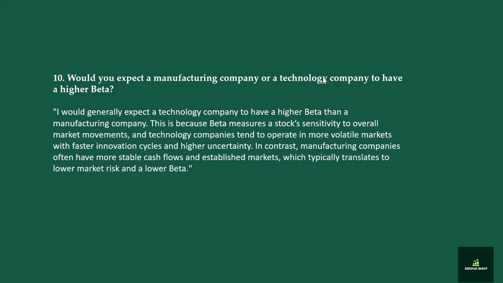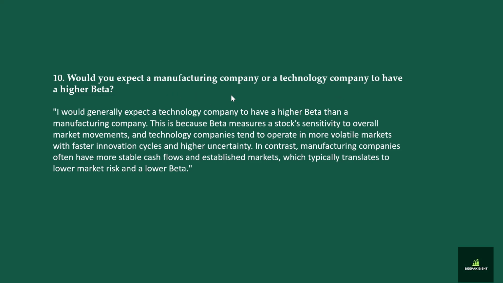This perception contributes to a higher beta, as the stock reacts more strongly to market sentiment. For those reasons, technology companies are generally expected to have higher betas than manufacturing companies. This reflects greater sensitivity to market movement and higher perceived risk, even if the potential returns are also higher.